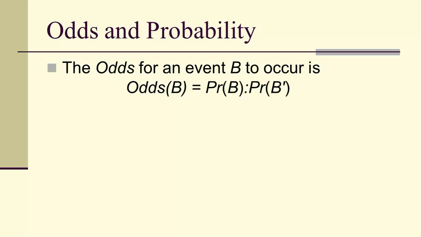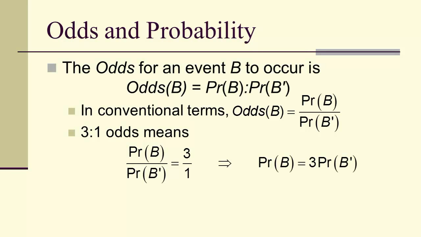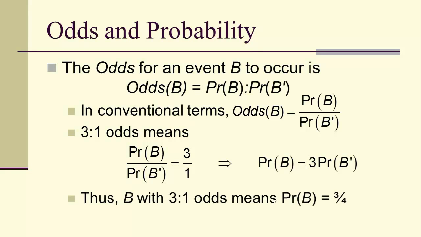So the odds of an event B is the ratio of probability B to probability B prime, or we usually just write it as a fraction. So 3 to 1 odds means that the probability of B to the probability of B prime is 3 over 1, or the probability of B is 3 times the probability of B prime.